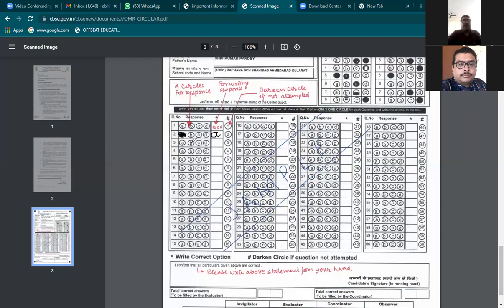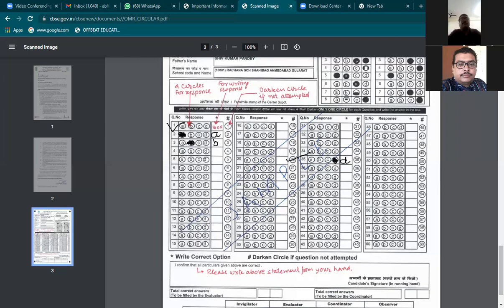So in question number 3, if B is the option, you darken B and also write B in the specified box. Very important. As I have told you, we have attempted question number 1 to question number 20. In question number 20, I am darkening this, so D is the answer, and I am writing D. Questions 21, 22, 23, 24, I have not attempted.